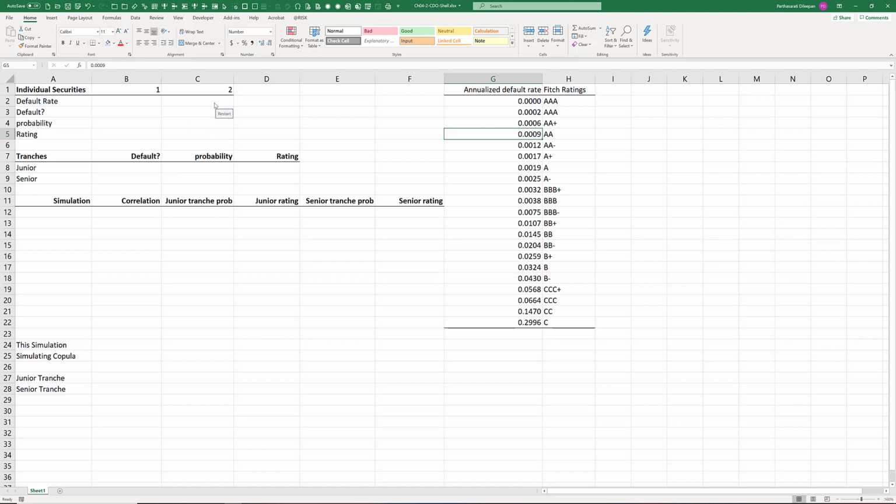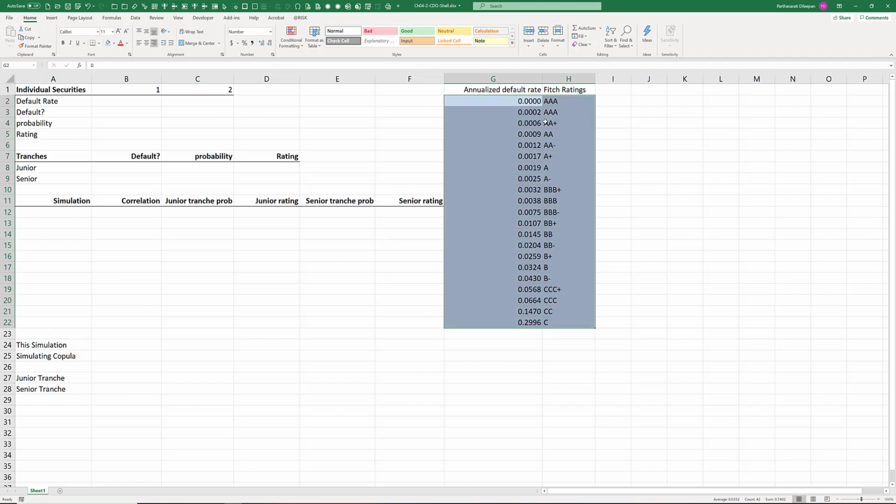Here is the shell file for the CDO problem. We start with data that's available from Fitch ratings. So this is input. For each level of ratings, you have a corresponding probability of default.